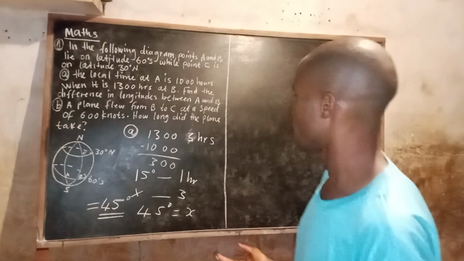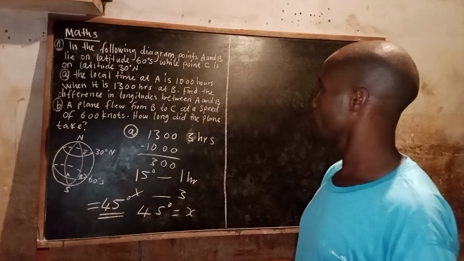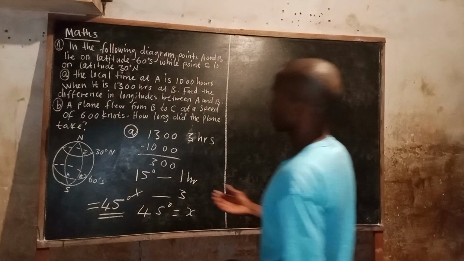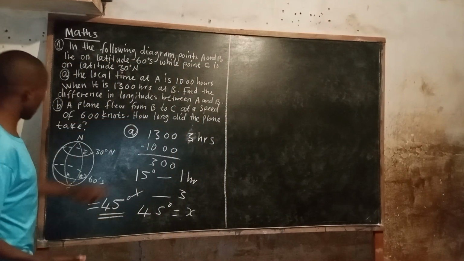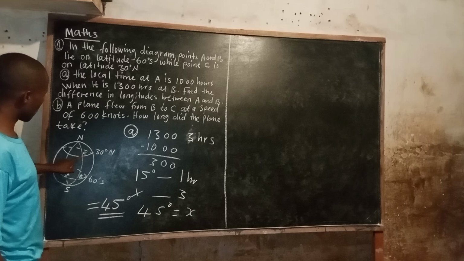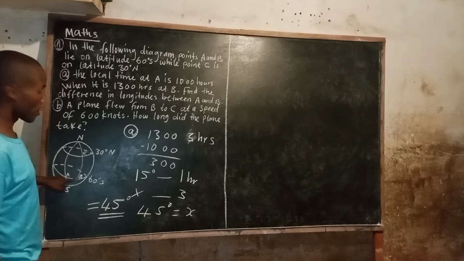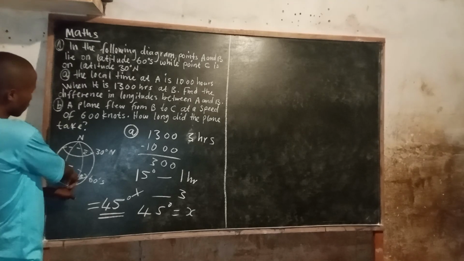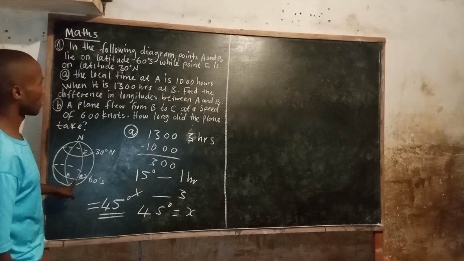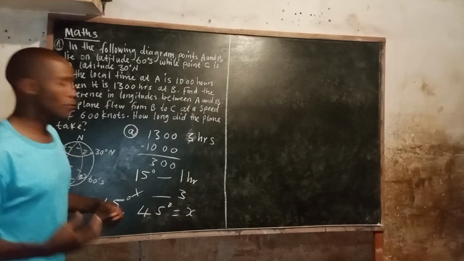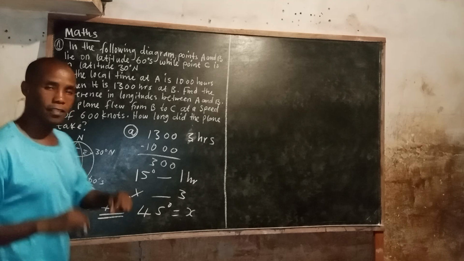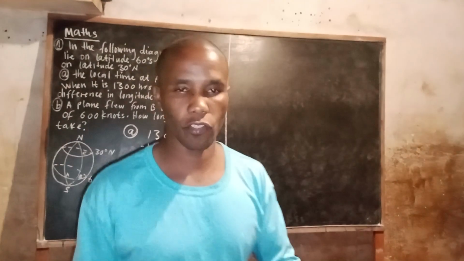Simple as that. So let us go to the next question, which is question B. Now they are talking about the airplane here. A plane flew from B to C. B is here, then C is here. So the plane is moving from this point to this point at a speed of 600 knots. When you see this unit, just know that this is in nautical miles.